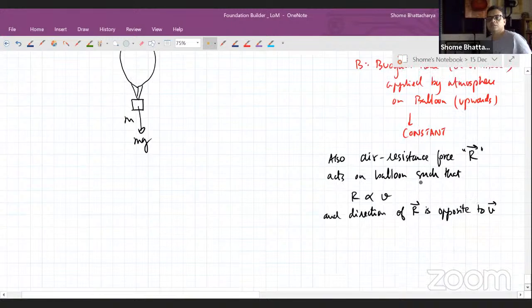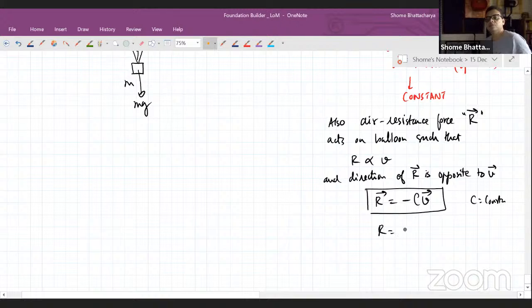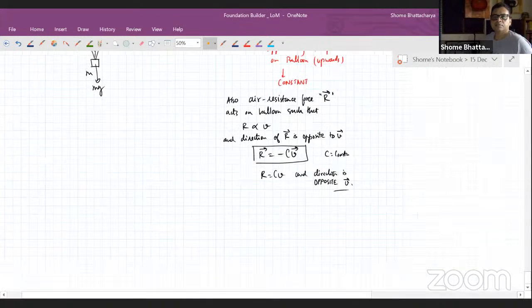So in other words, R is equal to minus CV, where C is a constant. So the magnitude of the resistance force is CV, and its direction is opposite to velocity.